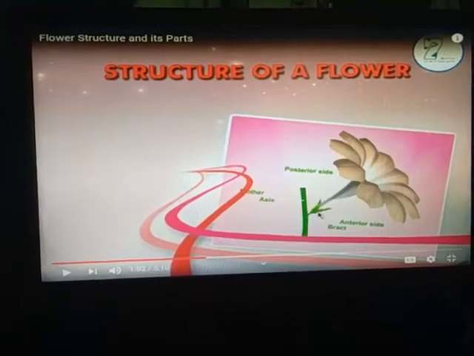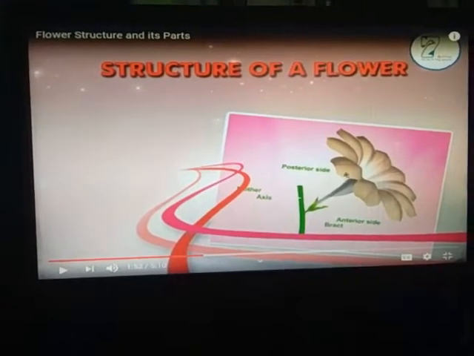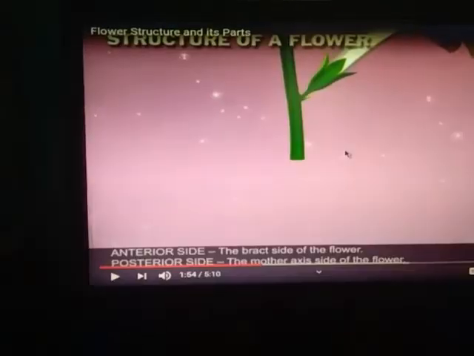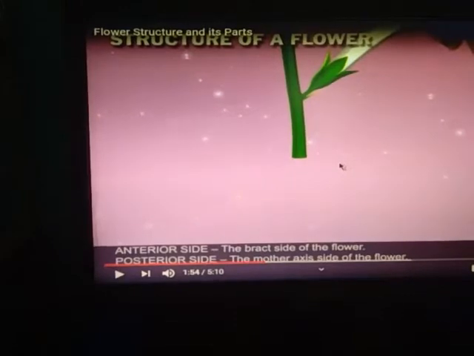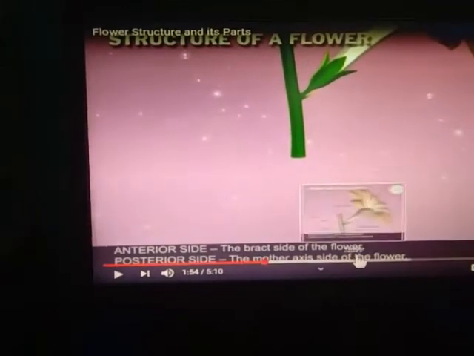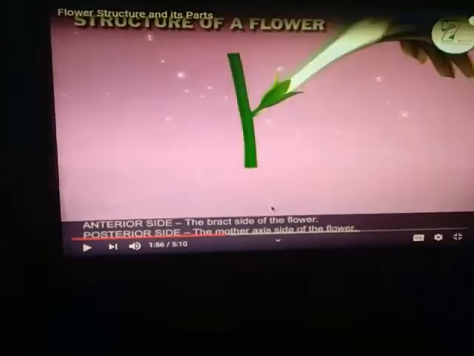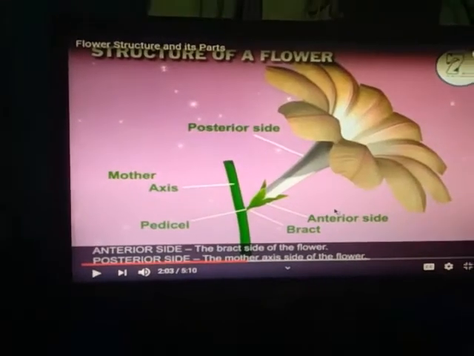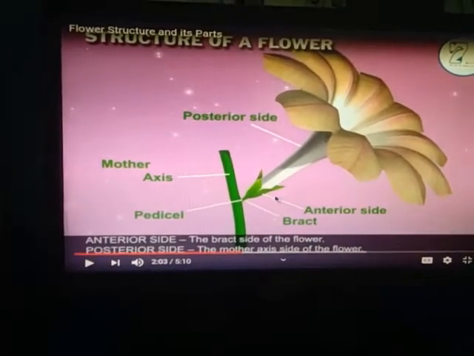These leaves are called bracts, and this is the anterior side of the flower, and this portion is the posterior side. The bract side of the flower is called the anterior side, but the mother axis side of the flower is called the posterior side. Here we can watch the posterior part, anterior part, and mother axis.